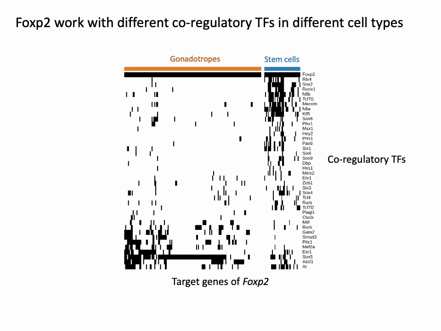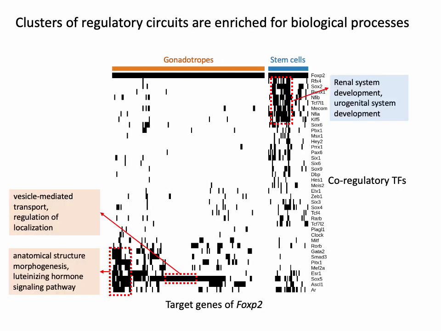Looking at the big picture of this heat map, we notice that although these genes share a common TF, FOXP2, genes that are highly expressed in gonadotrope cells and stem cells are regulated by different sets of other co-regulatory TFs. We also notice some cluster-like structures in the heat map, indicating a set of genes regulated by a common set of TFs. We did find GO terms and pathways enriched in these clusters that might be interesting for further study.